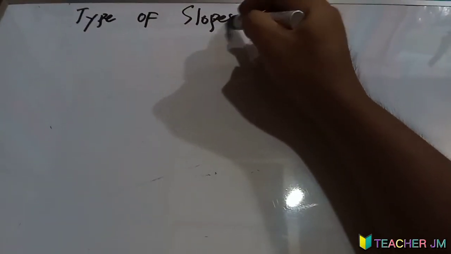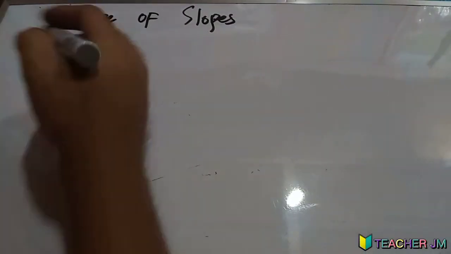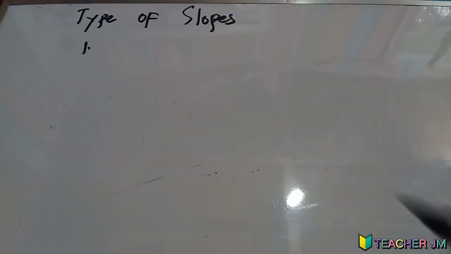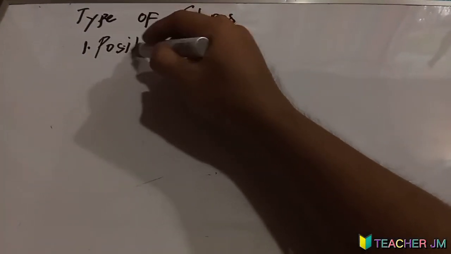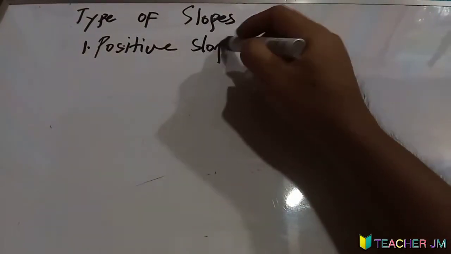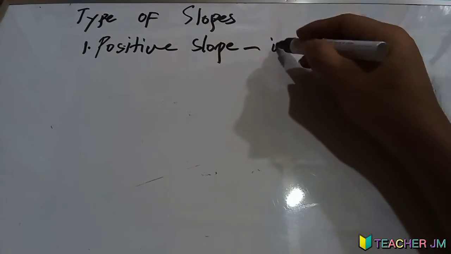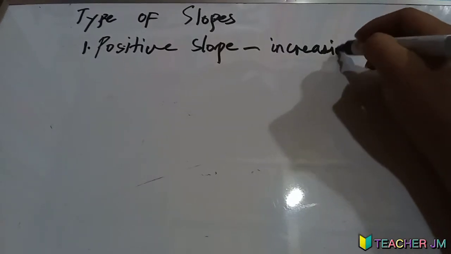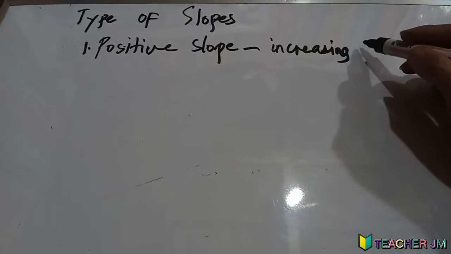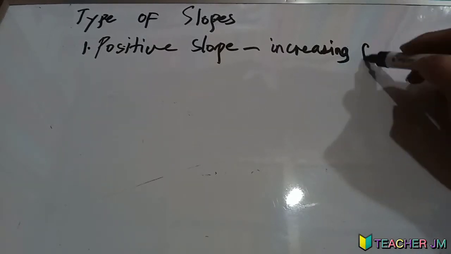Nakuha. Ngayon, tatalakay natin ang types of slopes. So, ano-ano nga bang mga types of slopes? Una, meron tayong tinatawag na positive slope. Ang positive slope ay kadalasan increasing from left to right. Ibig sabihin, pataas from left to right.